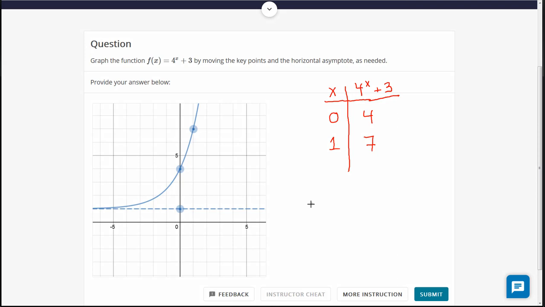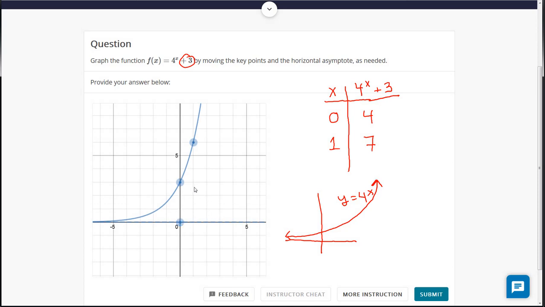What you need to remember about a regular exponential function, one that doesn't have any plus or minus at the end, is that it always has the x-axis as a horizontal asymptote.